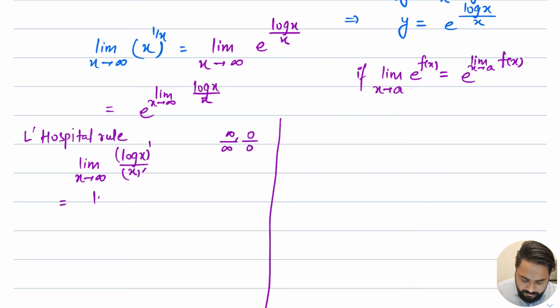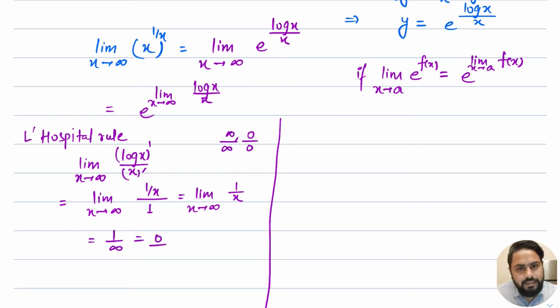So we get limit x tending to infinity, the derivative of log x is 1 by x and of x is 1. So this is simply limit x tending to infinity of 1 over x, which is equal to 1 over infinity, or you can say 0. So the value of this limit is 0.